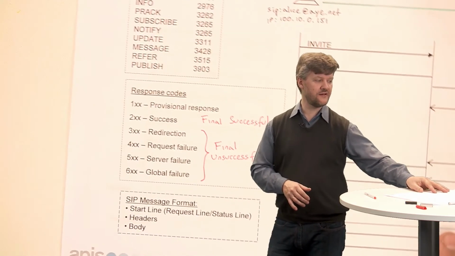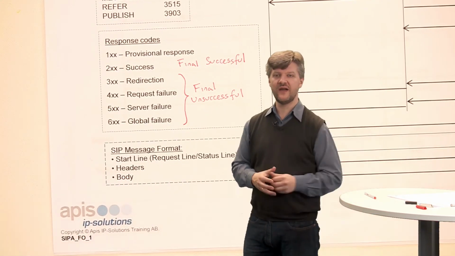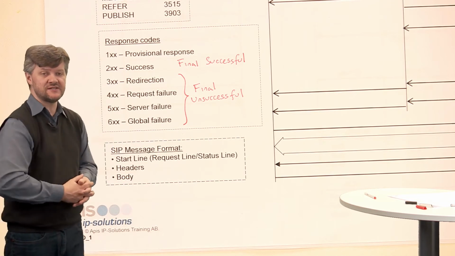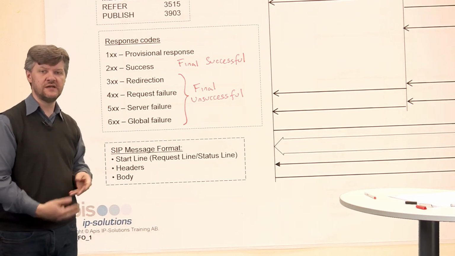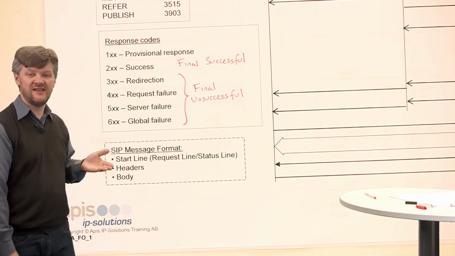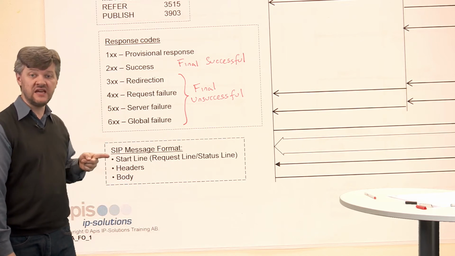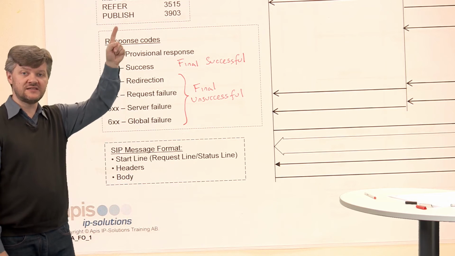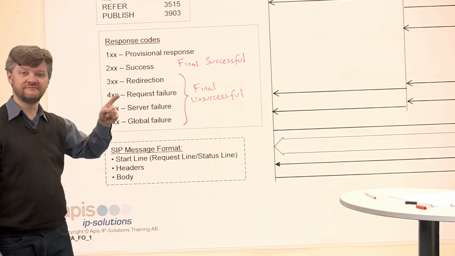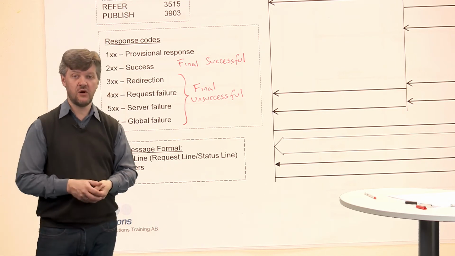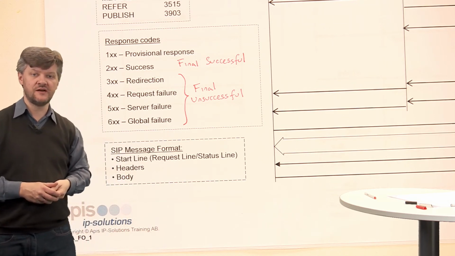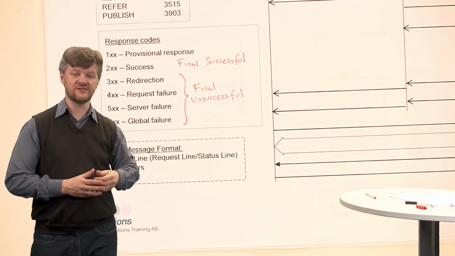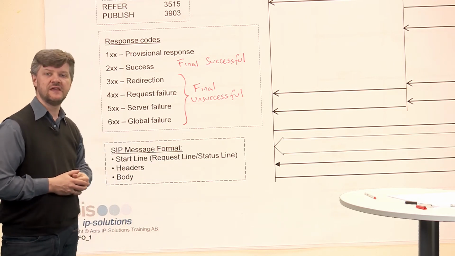If we move a little bit further down here, we have the SIP message format. We will look at SIP messages in more concrete form later on. A SIP message has essentially three parts. There's a first line, which has either one of these methods in it or a number, depending on whether it's a request or a response. This number will be the status code, in fact.